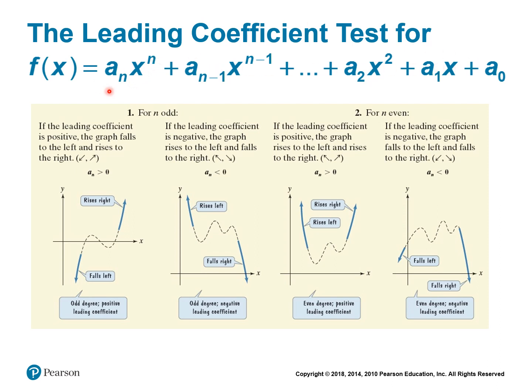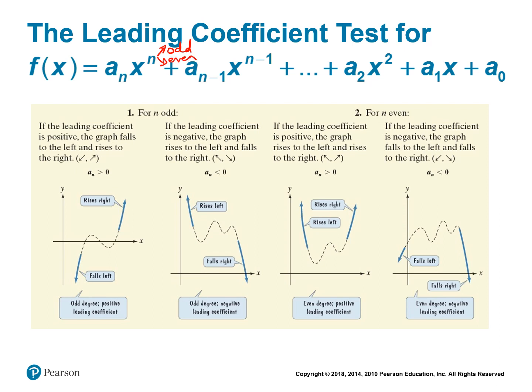So there are two things we need to look at in order to determine the end behavior. One is n, which is the exponent, and we have to see whether the exponent n is an odd value or an even value.